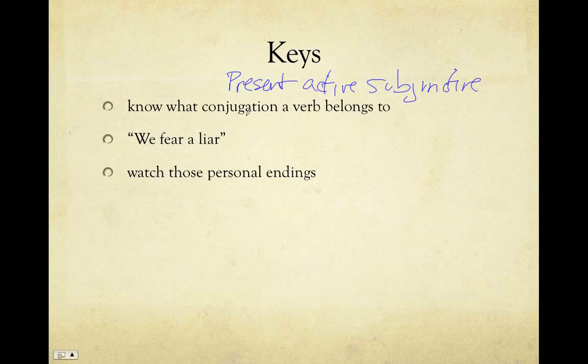Because once you know that conjugation, which you'll discover through the second principal part, you can then transform that final vowel using the mnemonic device, we fear a liar: E for the first conjugation, EA for the second, A for the third, and IA for the fourth, and then you add your personal endings, m, s, t, mus, tis, nt. That's all there is to forming the present active subjunctive.